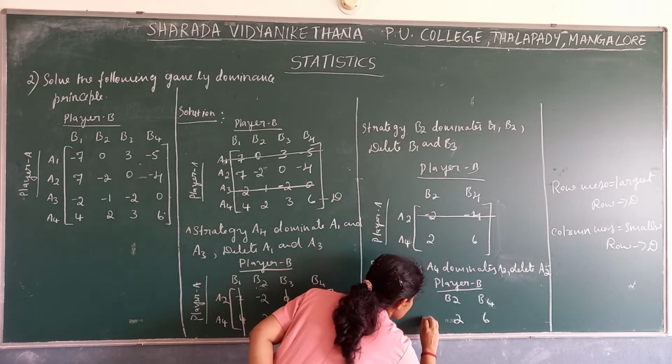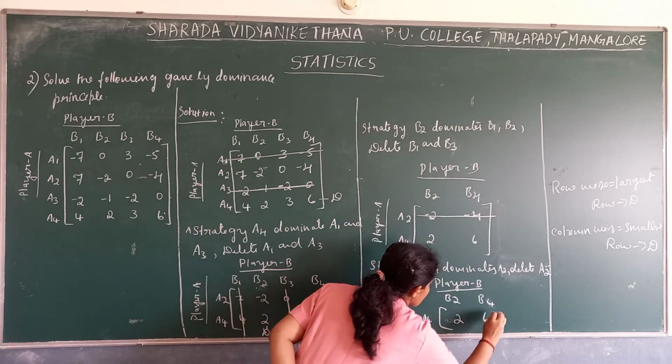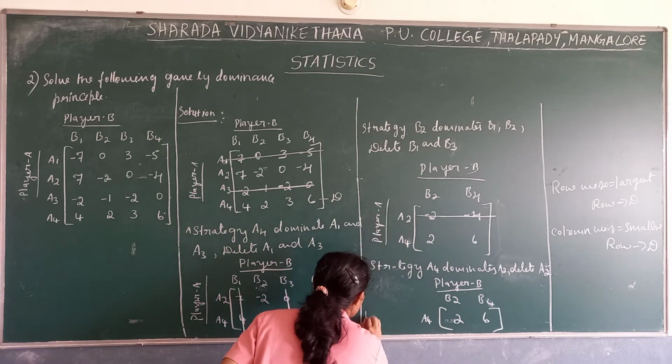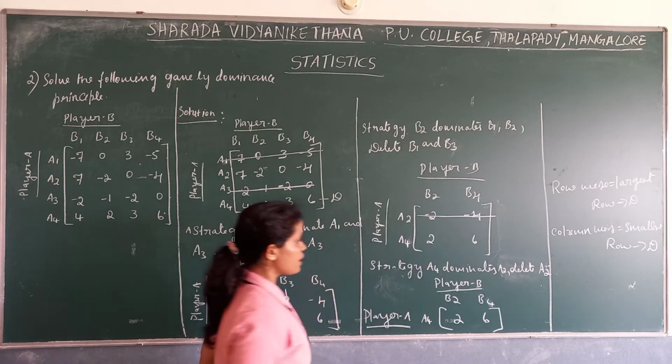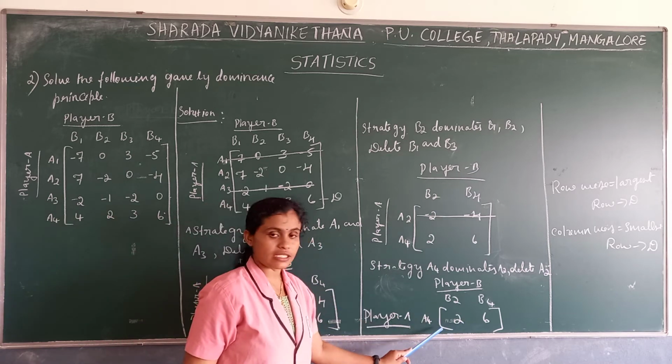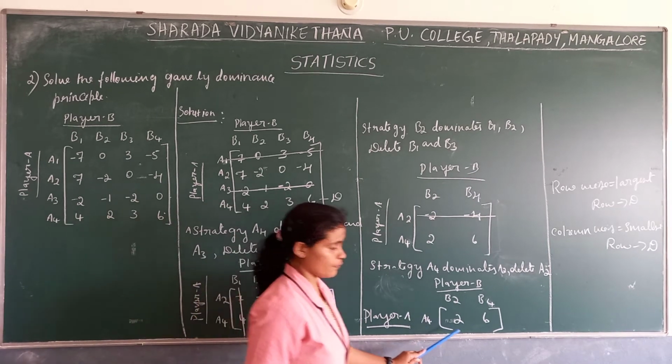In case of player A, strategy A4 is remaining.